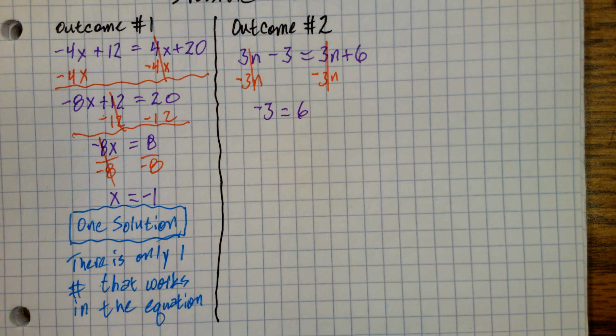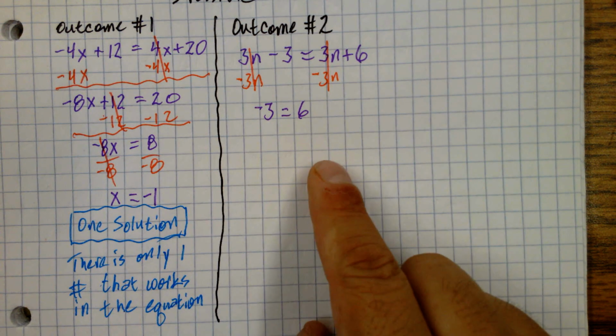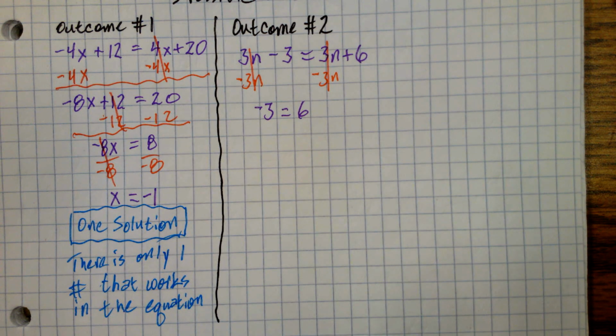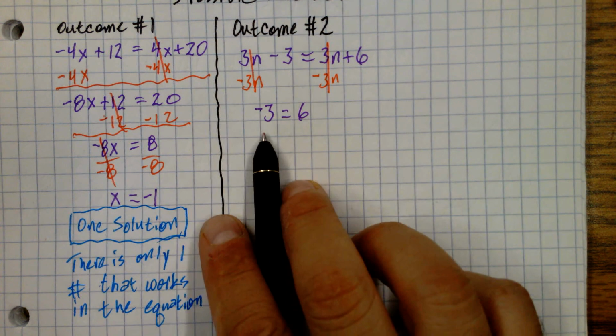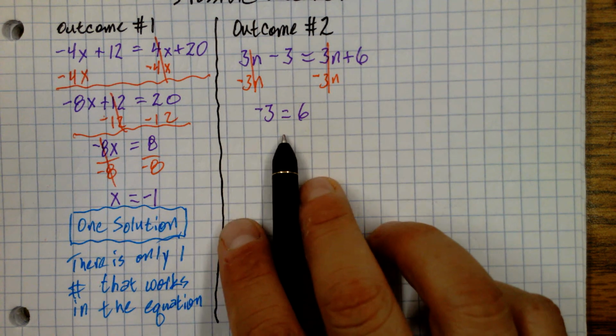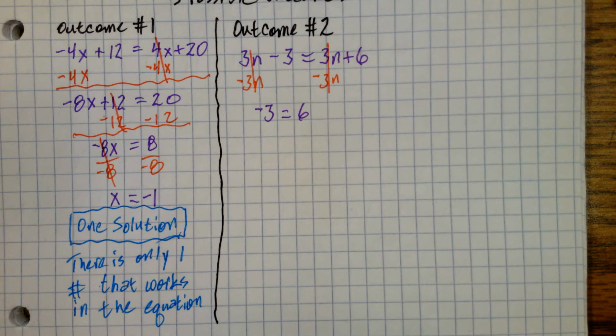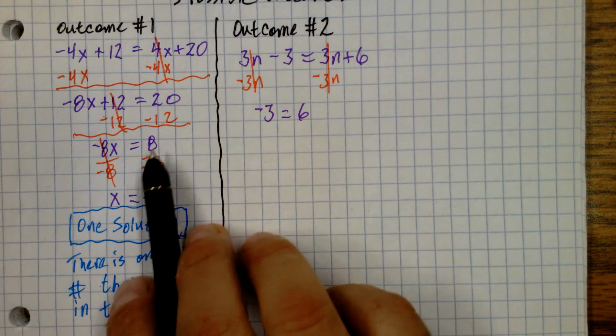This is called a math statement. And it's either true or false. So we're saying that negative 3 equals positive 6. Yeah, this is the part that we're looking over. It's false.